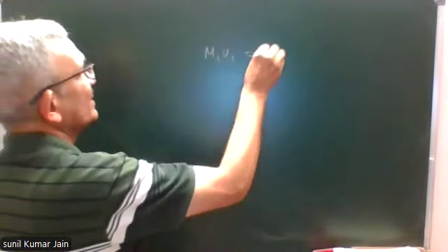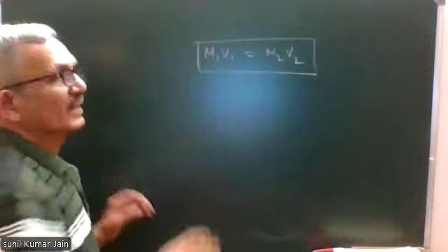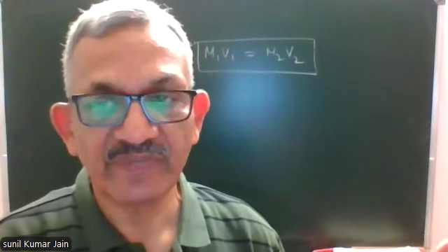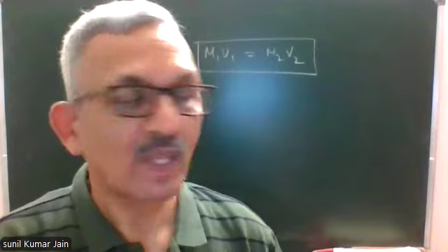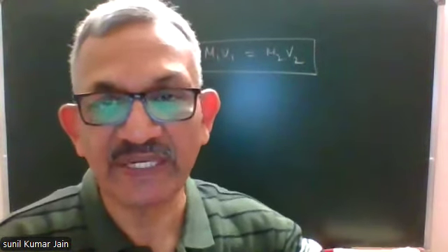Note down, this is M1V1 is equal to M2V2. M1 initial molarity, V1 initial volume, M2 is final molarity, V2 is final volume.